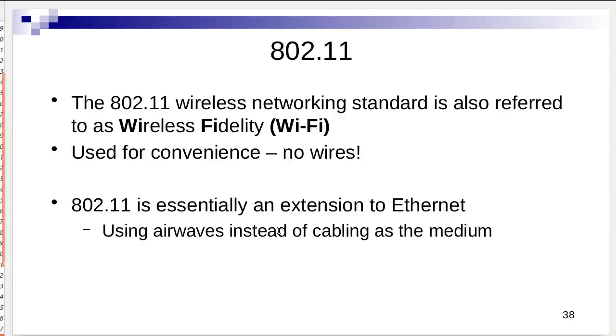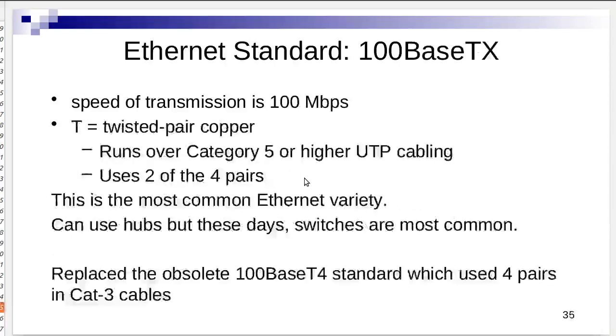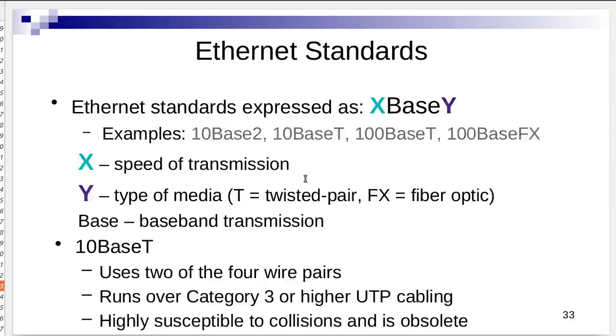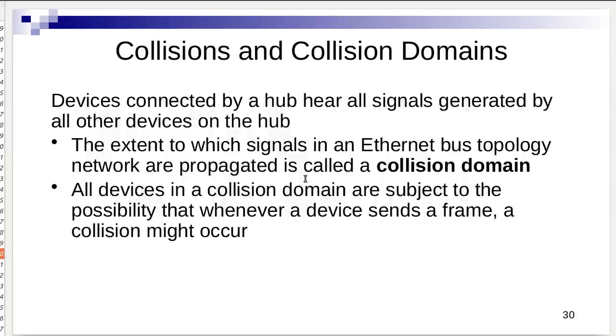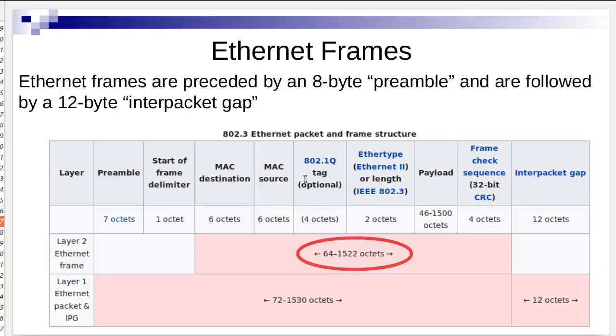And lastly, we'll just take a quick look at the Wi-Fi standard. So this is 802.11. I'm just going to scroll back up, and maybe I didn't mention it, but Ethernet is 802.3. Hopefully it was in one of the earlier slides.